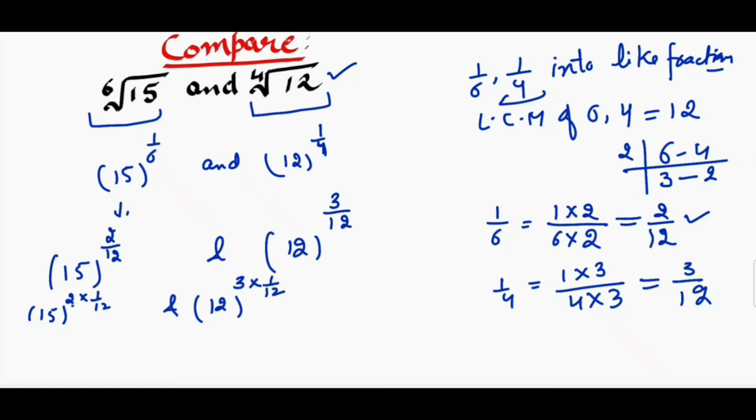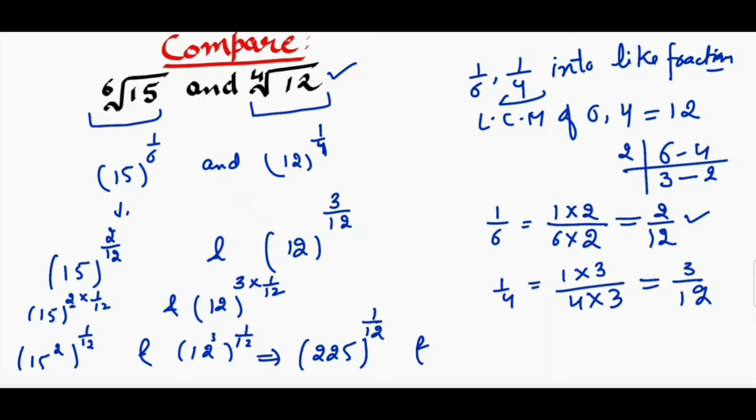So I'll take this 2 inside, so it will become 15 raised to power 2 raised to power 1 divided by 12, and this will become 12 raised to power 3 raised to power 1 by 12. So if I multiply 15, we know 15 square is equal to 225 raised to power 1 divided by 12, and this will become 1728 raised to power 1 by 12.